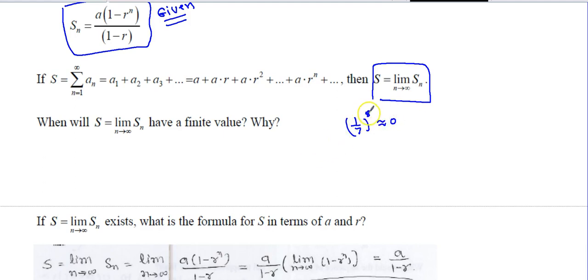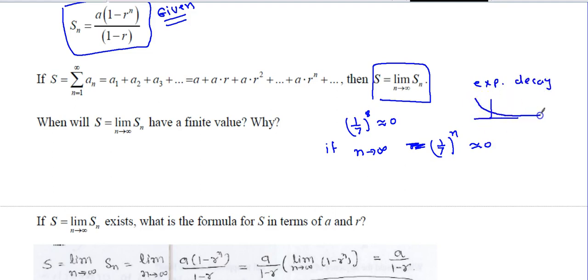So think about here, if n goes to infinity and r is 1 over 7 to the n, what would this number be? This number becomes very, very small. How small? 0. In other words, an exponential decay function has a horizontal asymptote 0.